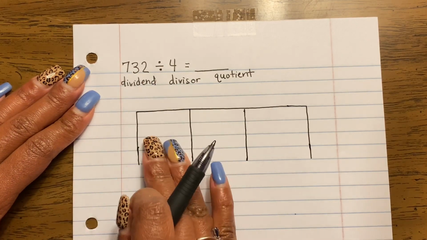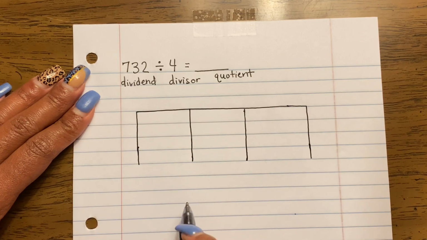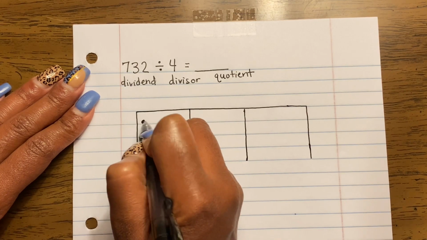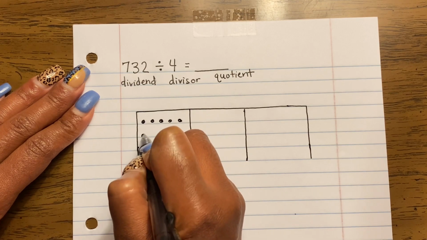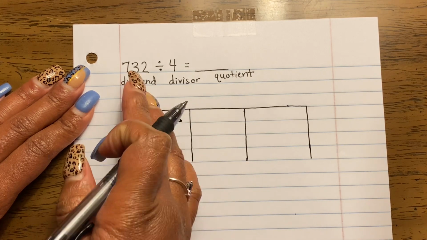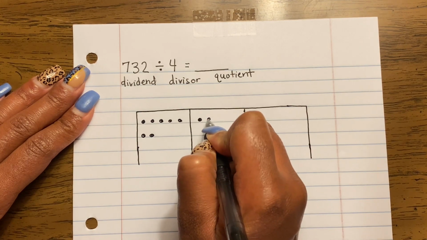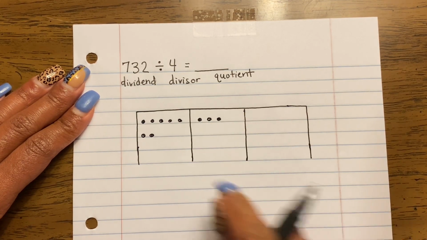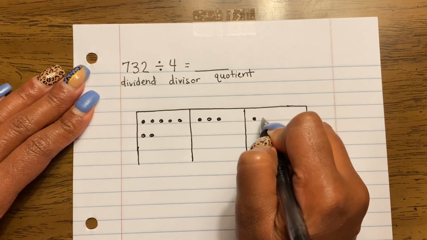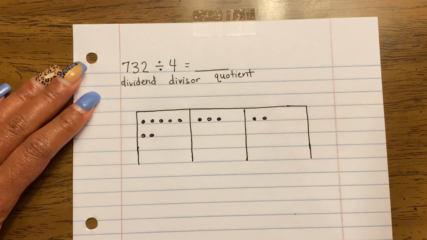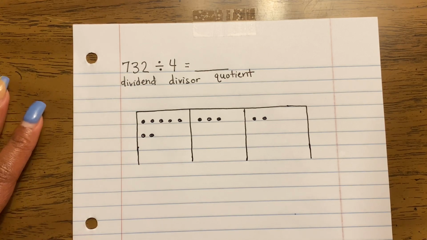Because this would be the hundreds, tens, and ones, I'm going to draw 7 dots to represent the hundreds: 1, 2, 3, 4, 5, 6, and 7. For the tens, I'm going to use 3: 1, 2, 3. So we have 700, we have 30, and then we'll have 2. So these dots represent the quantities in each area.